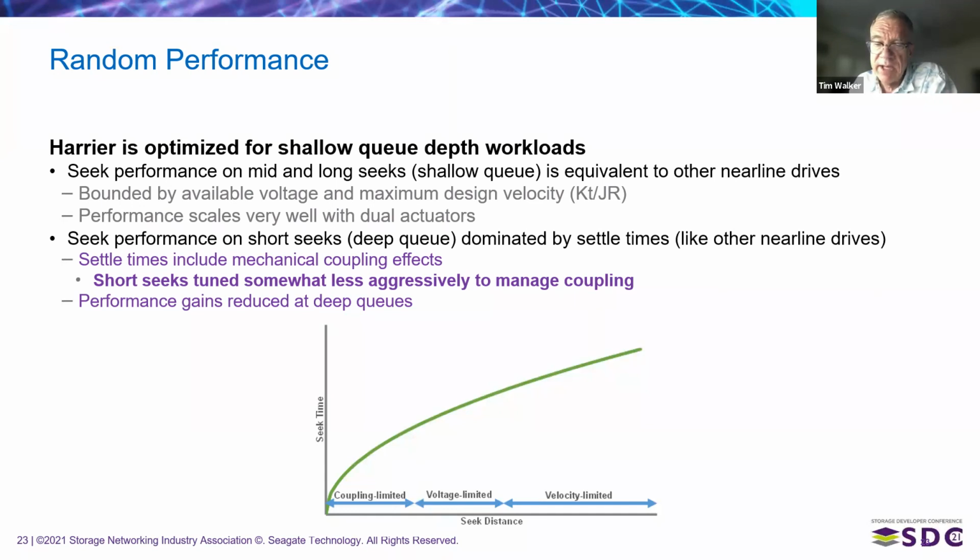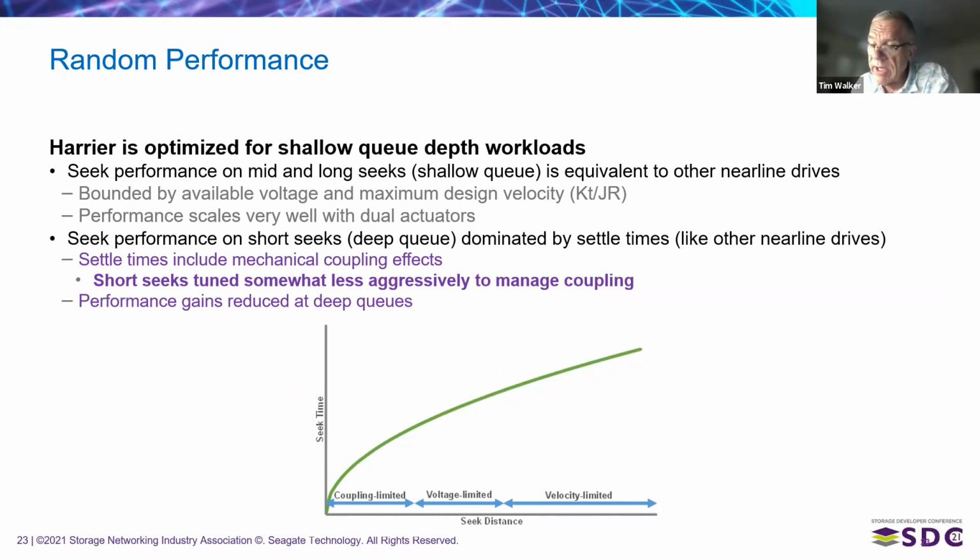To keep the mechanical coupling between the actuators manageable, the Seagate design that we have right now has slightly softer acceleration and deceleration, although the ultimate velocity is still the same. So for medium and long seeks, the drive performance is comparable to a single actuator drive. But for the shortest seeks, which are dominated by the acceleration and deceleration profiles, they're slightly slower.